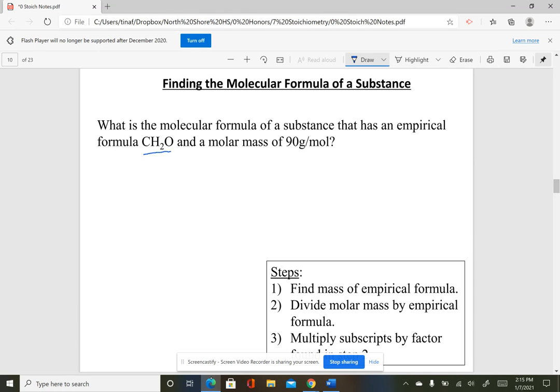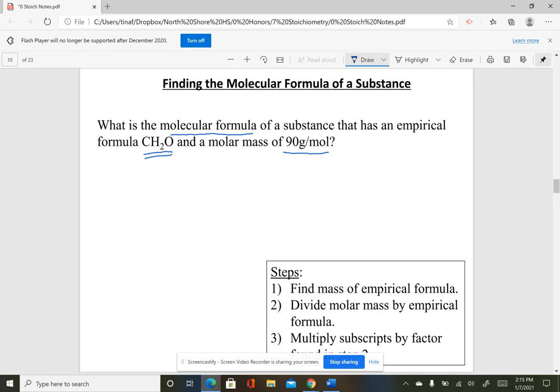I can double this, I can triple it, I could quadruple it, I can times each element by 30. There are an infinite number of molecules that can simplify down to CH2O. So to find the molecular formula, they can't only give you that, they also have to tell you how much the molecule itself weighs when it's in its full version.